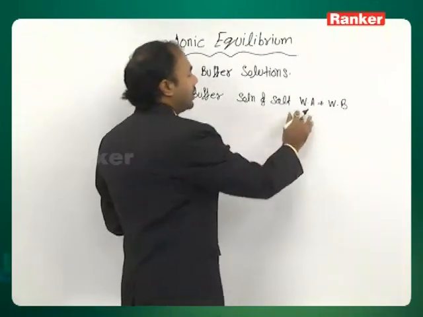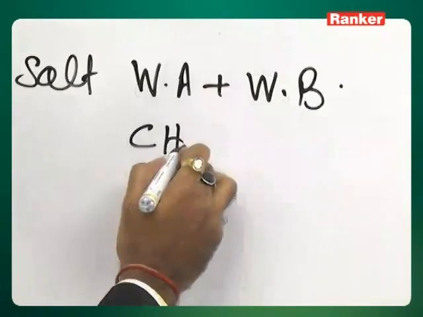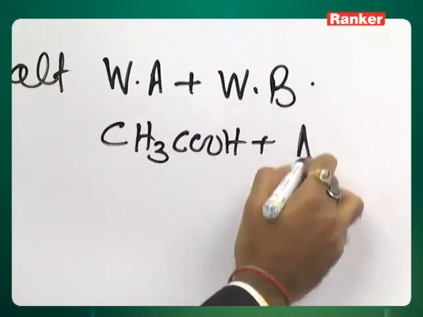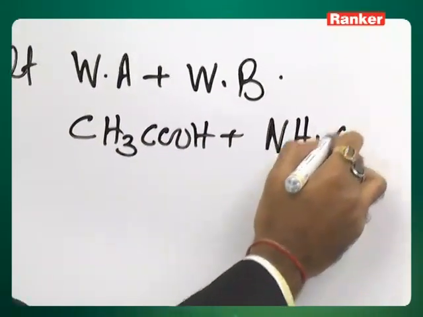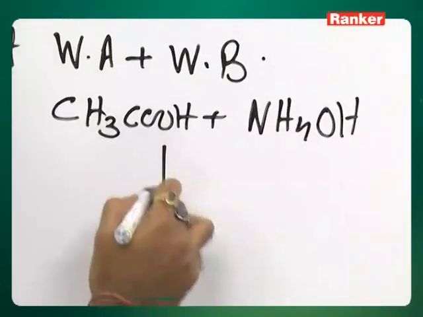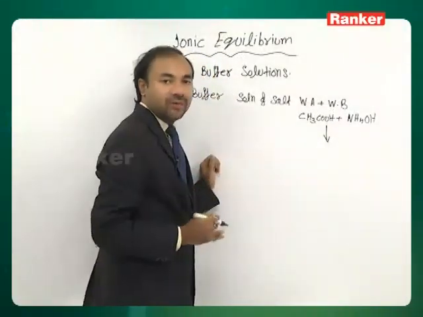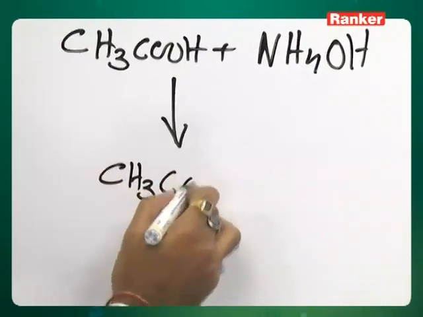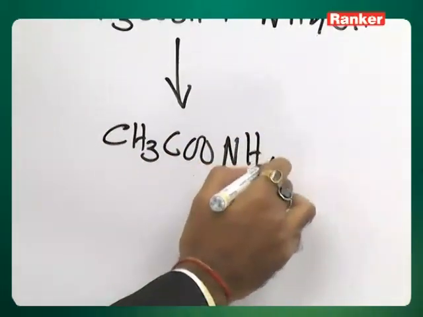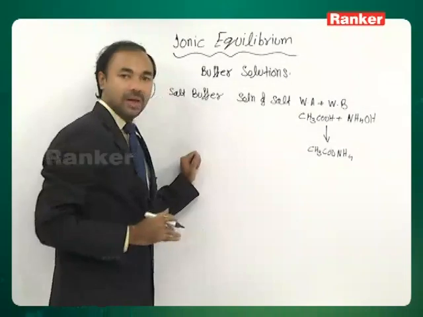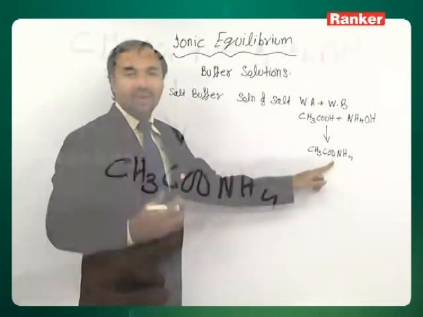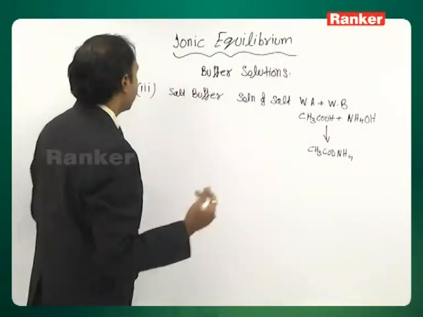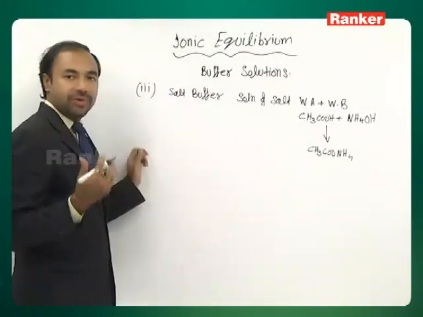Example, you take weak acid, acetic acid, and now this is mixed with weak base, ammonium hydroxide. The resultant salt of them will be ammonium acetate, CH3COONH4. A solution of this will behave as a salt buffer. How does it behave and how we find its pH? We are going to discuss it now.